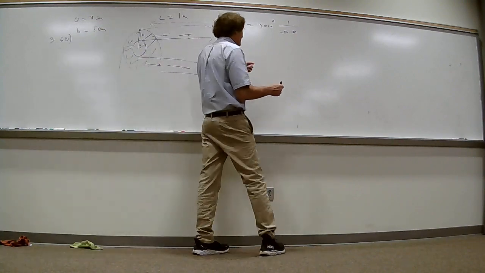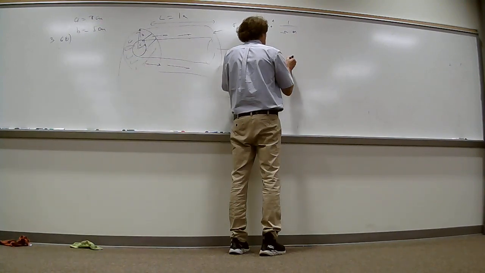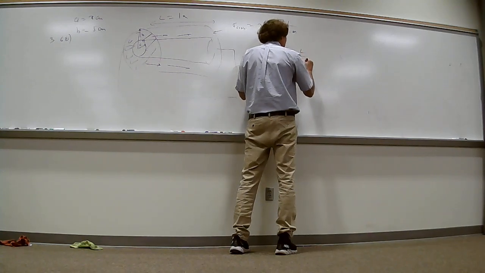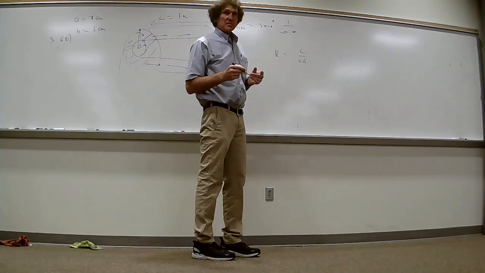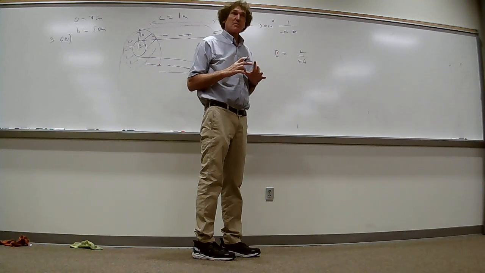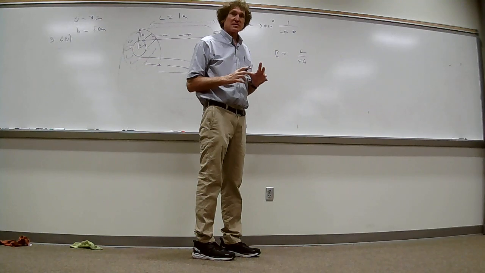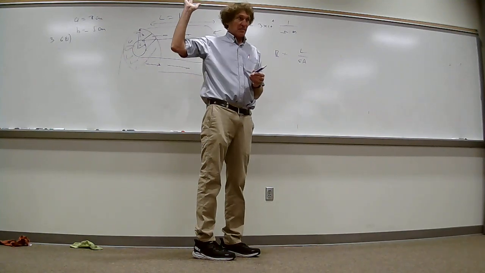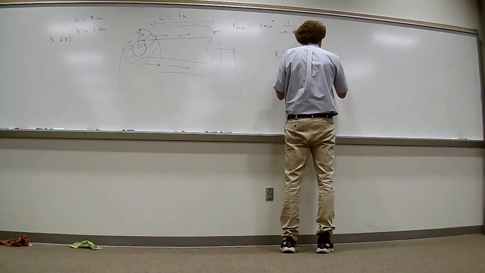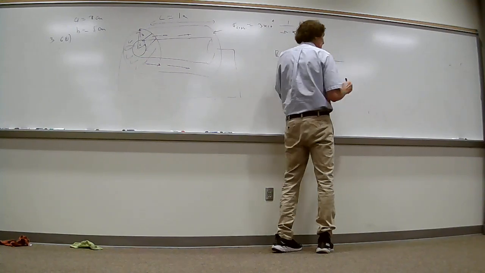The general formula for resistance, if it's constant cross section, is just L over sigma A. L is the length, sigma is the conductivity, and A is the cross-sectional area that the current's flowing through. This is for constant cross-section. So it's going to be length over sigma, and what's the area going to be?